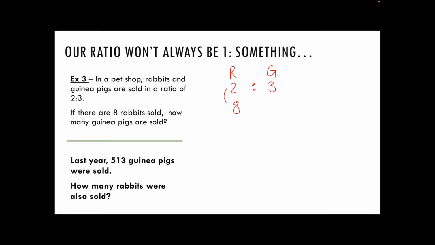So this time I'm thinking, how many 2s are going to give me 8? Hopefully we all know that 4 2s give us 8. And I'm going to multiply by the same number on the right hand side. So 3 times by 4 is going to give me 12. So 12 guinea pigs are sold.